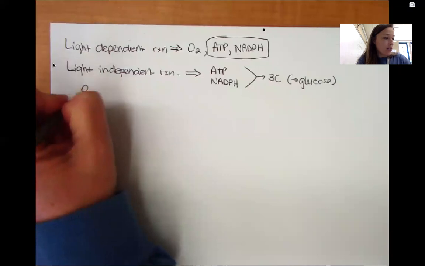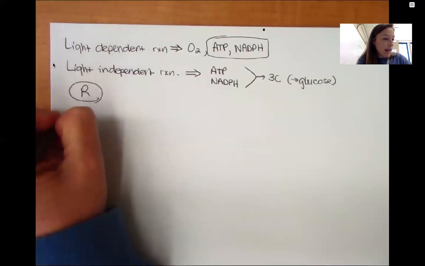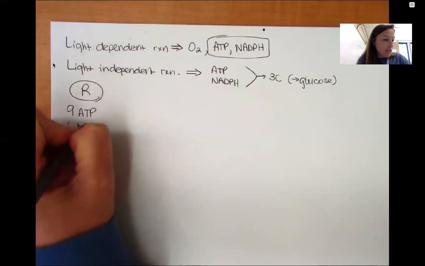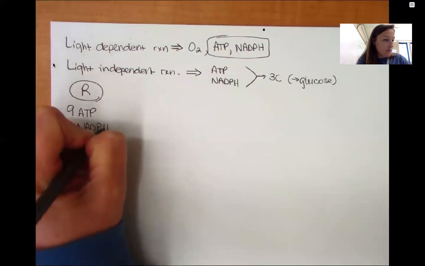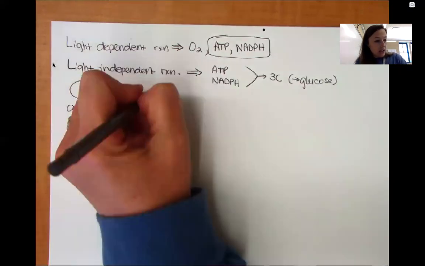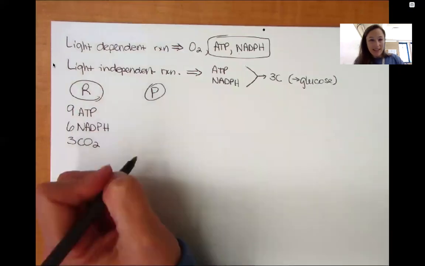All right, I can list the reactants of the light-independent reaction. So the reactants are going to be 9 ATP, 6 NADPH, and 3 carbon dioxides. Then the next one says I can list the products of the light-independent reactions.